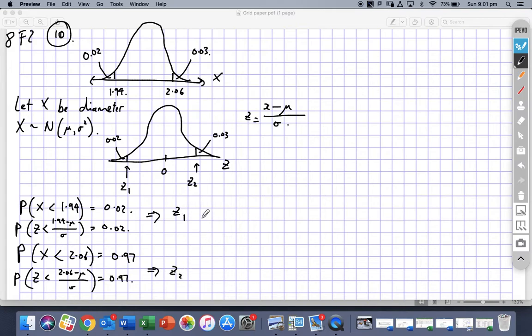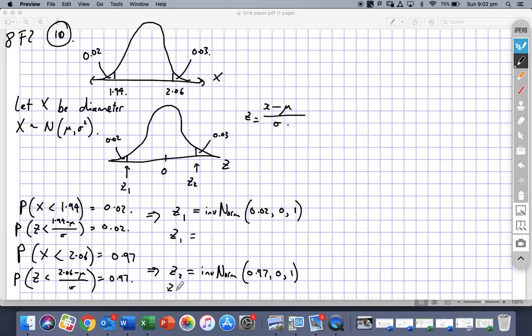because with a z-score I always know the mean and the standard deviation. So given this probability, we could say Z1 equals inverse norm of the area, mean, standard deviation, Z2 inverse norm of 0.97, mean, standard deviation, and you'll be able to actually get z-scores.